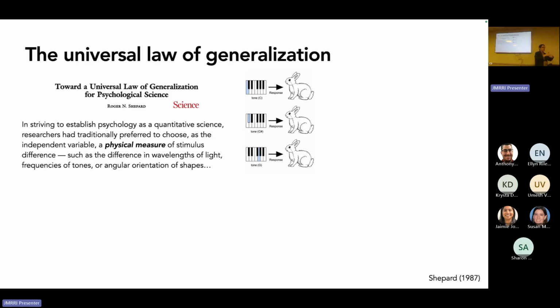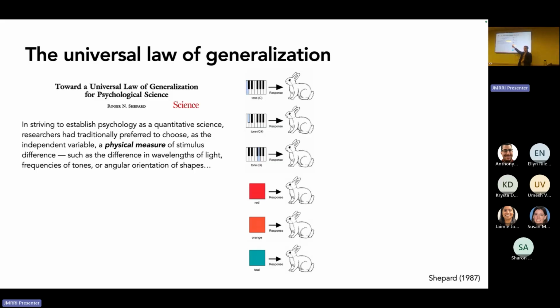And you could do this on physical frequencies. You could do this across other things like color. If they saw a red light, condition the response, then change it to orange or teal, does the animal show the conditioned response? And what people had seen is that there didn't seem to be any kind of invariant law of generalization.